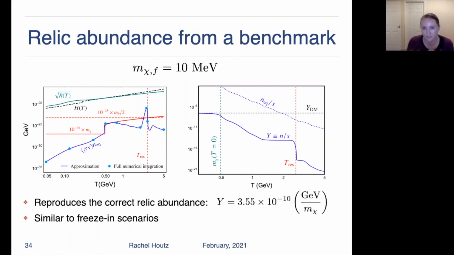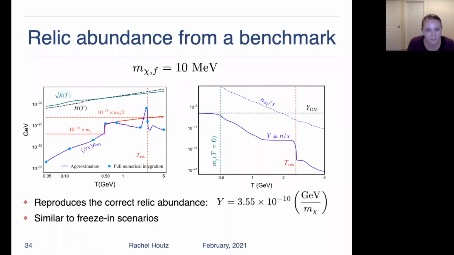You can see there is this increase in yield right around where the dark matter has resonantly enhanced interactions with the standard model. But the more important feature in this figure is one we weren't expecting, which is that the yield continues to increase very significantly during the phase transition.